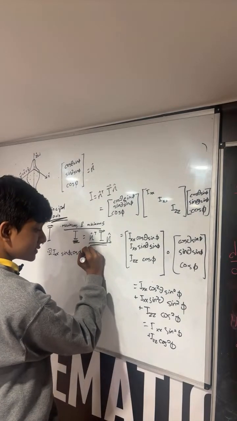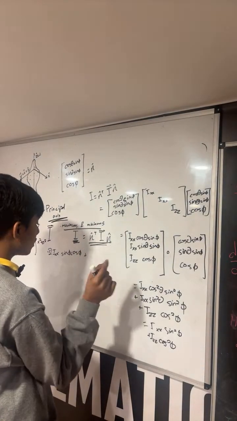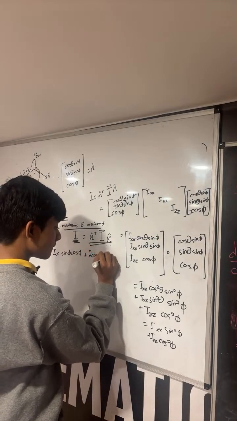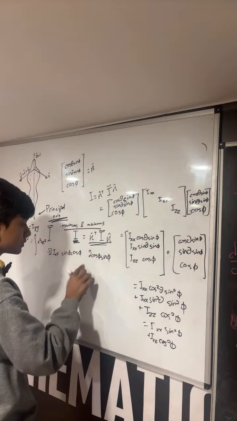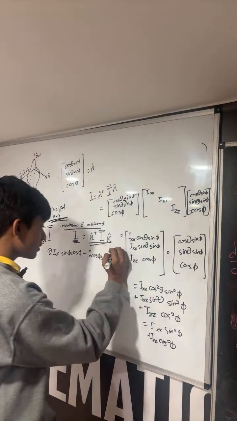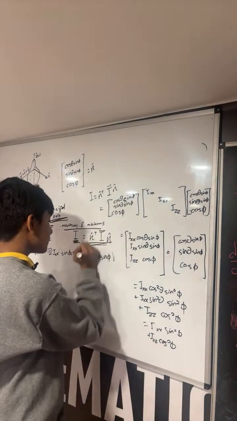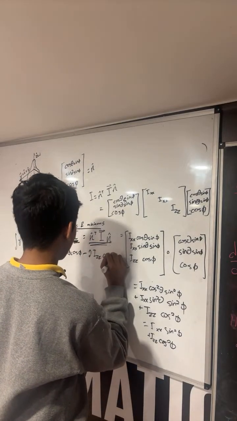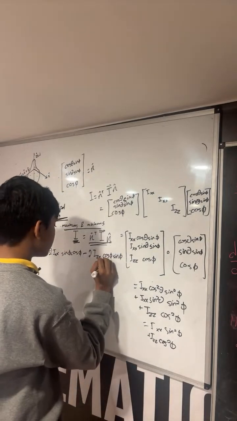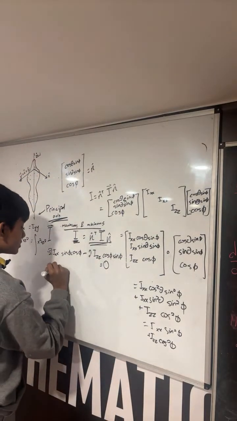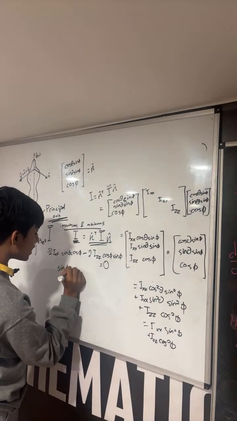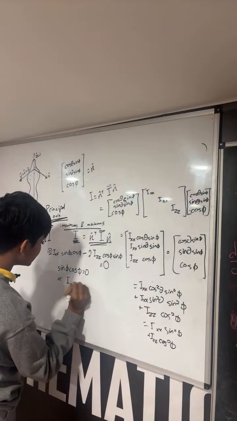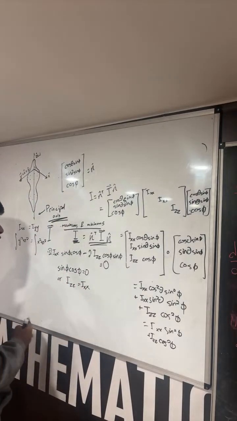The derivative of that is going to be 2 cosine phi sine phi, with a negative sign, is equal to 0. So either sine phi cosine phi is equal to 0, or IXX is equal to IZZ.